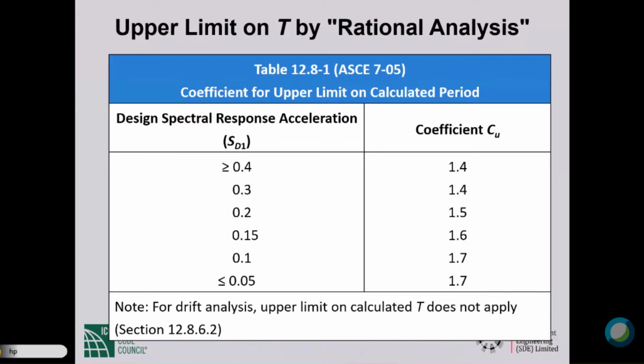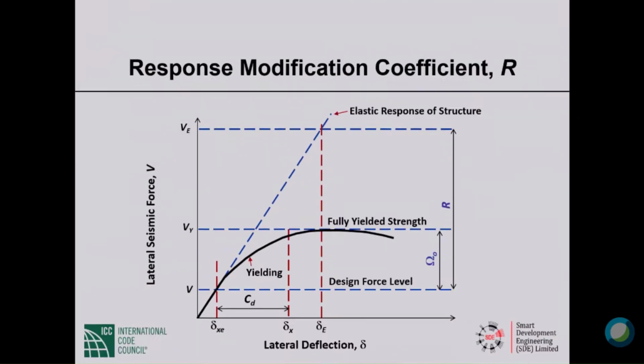BNBC does not tell you that, which is no loss. But I did want to point out that in deflection calculations, ASCE 7 does not restrict us to the upper bound on the rationally computed period.